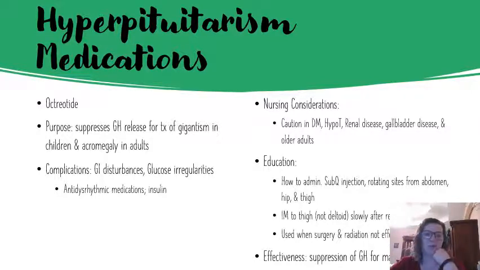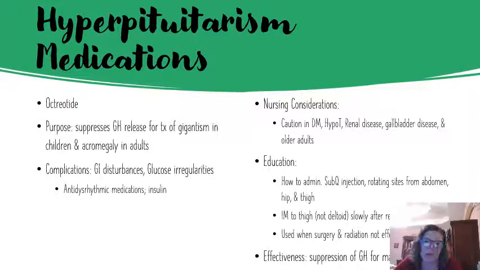Complications are going to be GI disturbances and glucose irregularities. We need to monitor clients that are also taking antidiuretic medications, as it can cause issues and dysrhythmias. Also, if they're diabetic and taking insulin, we need to monitor their glucose levels because the insulin may not be as effective, or it may be too much.